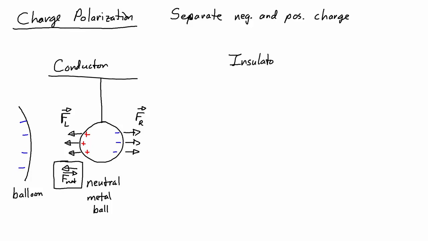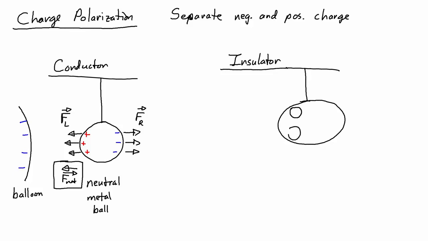The other case to look at is an insulator. If I have an insulator, I'll hang it also from the ceiling. Inside the insulator, the electrons are not free to move from one place to another. So instead, I look at individual atoms, and I'm just going to draw three of them here.